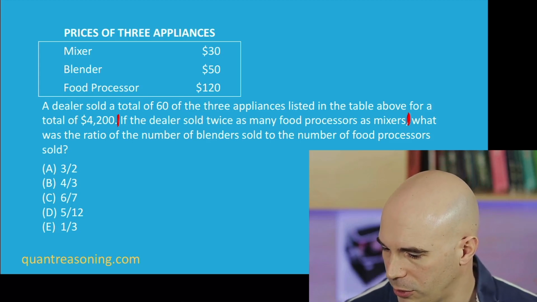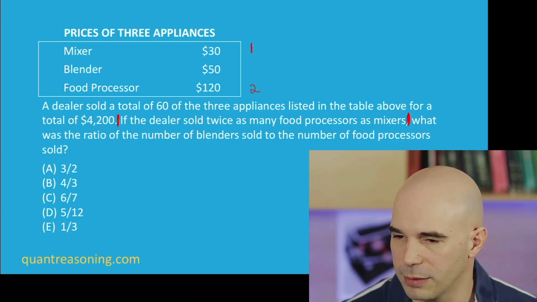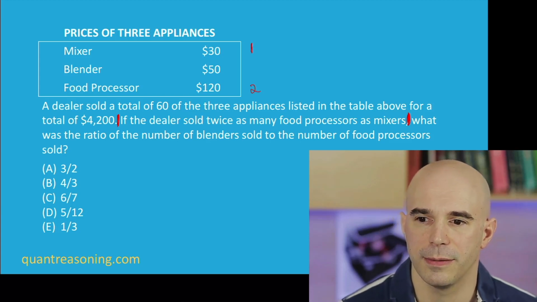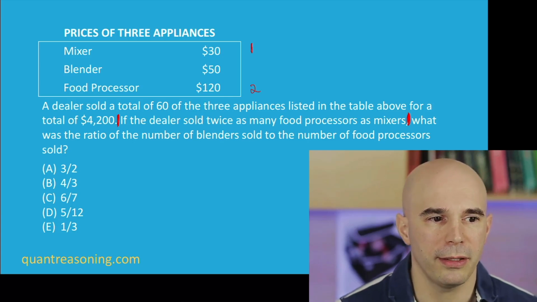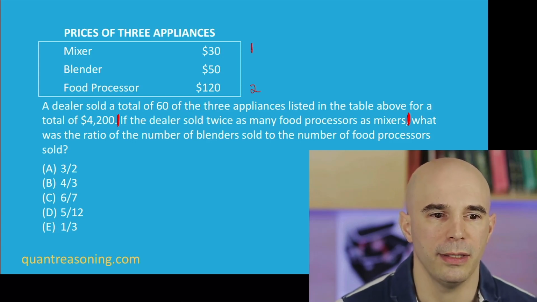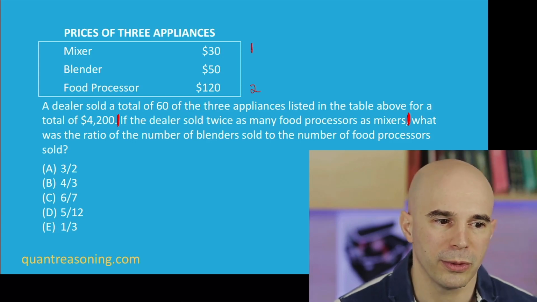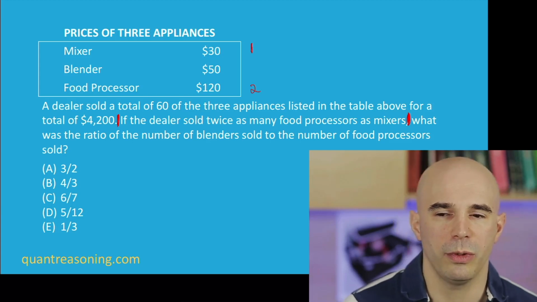We're told that it's 2 to 1. So 2, 1 ratio units. It means that if we ignore the blenders just for a moment and imagine that we only sold food processors and mixers, and we know that we sold twice as many food processors as we did mixers, what can we infer?